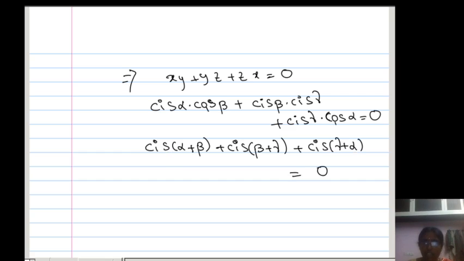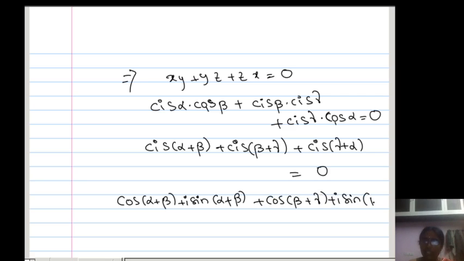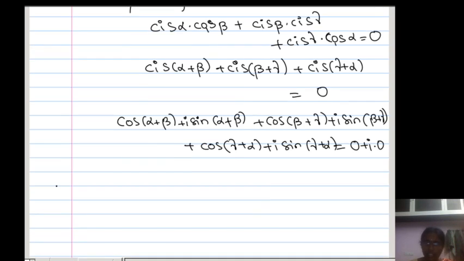Now cis of alpha plus beta can be written as cos alpha plus beta plus i sin alpha plus beta. Similarly, cis of beta plus gamma can be written as cos beta plus gamma plus i sin beta plus gamma. Next, cis of gamma plus alpha can be written as cos gamma plus alpha plus i sin gamma plus alpha, which is equal to 0, and I can write 0 as 0 plus i into 0, the zero complex number.